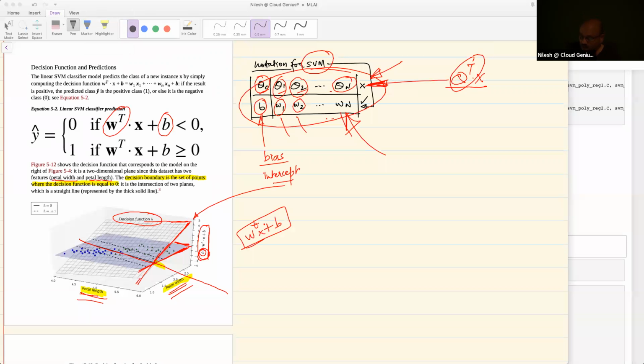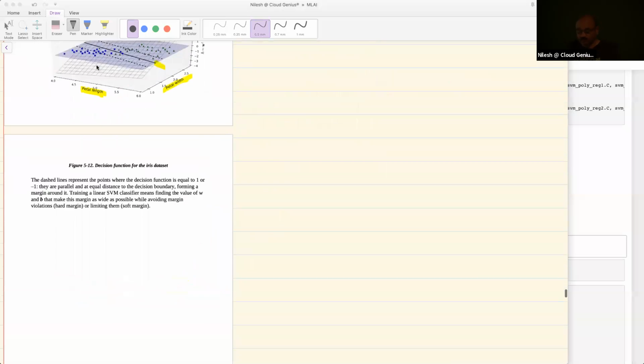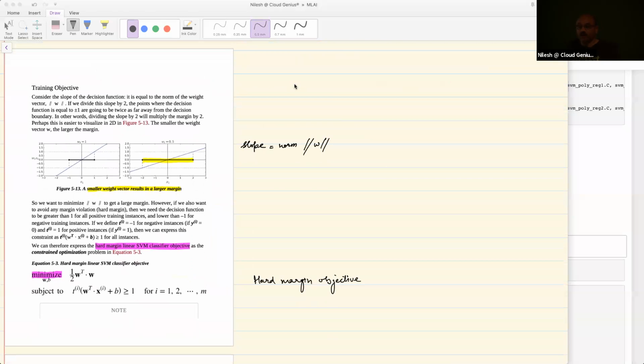I will clear now and scroll a little bit to read my notes ahead. The underlying concept is to focus on the training objective, which is what we want to calculate in terms of the width function, like we have been talking about, the width of the road, the width of the street.